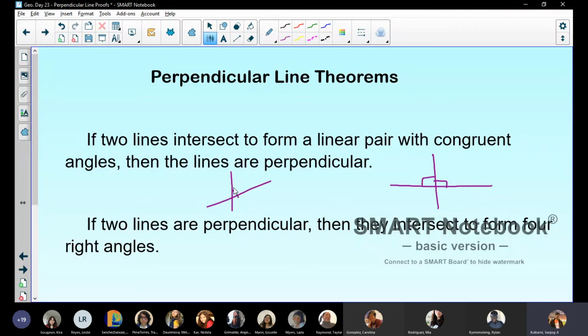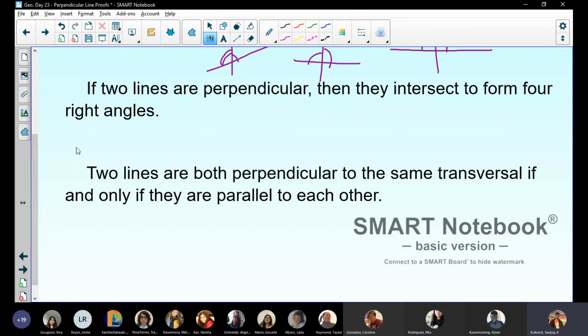These two angles are a linear pair, but they are not congruent. But if they are congruent, then they'll end up being 90 degrees because they add up to 180, and that makes these two lines perpendicular. So that's what the perpendicular line theorem says. Let's see the next one.